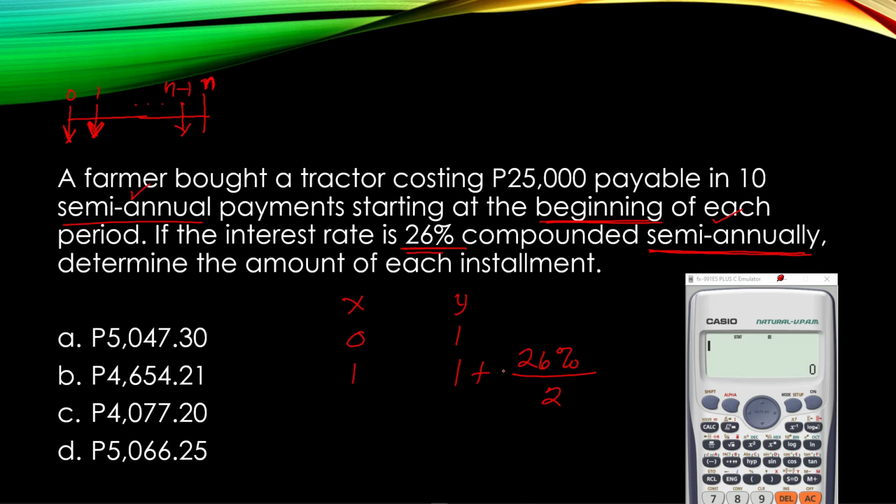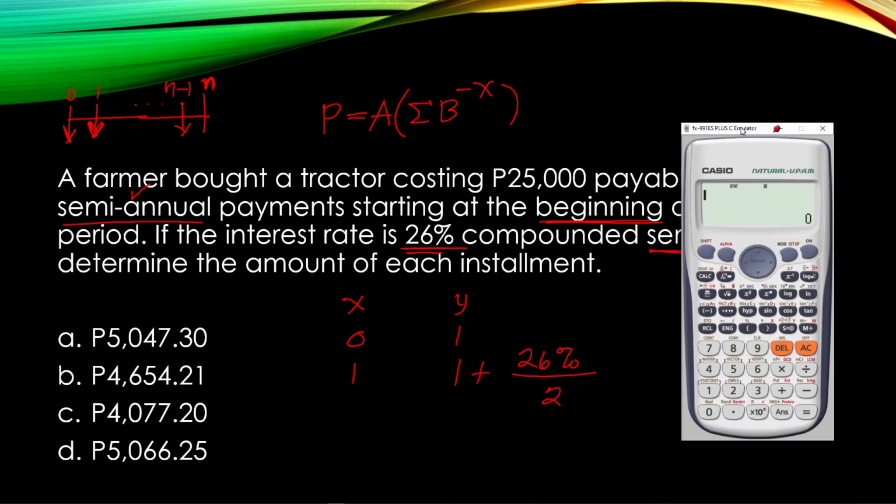After that, we have to follow pa rin yung P is equal to A times the summation of B raised to the power of negative X. Yung concept natin. Then, solve natin yung summation of B raised to the power of negative X. So, mode 3, 6, input muna natin.